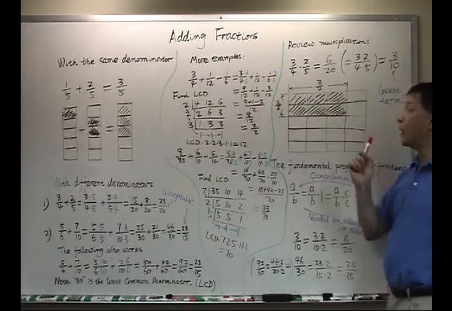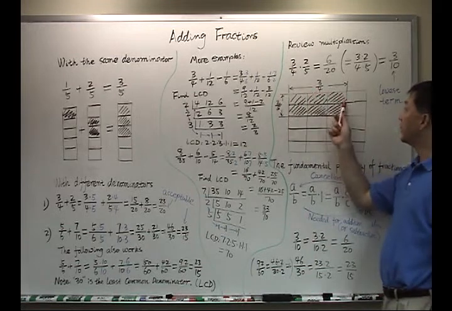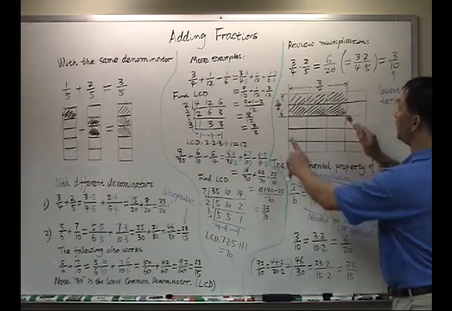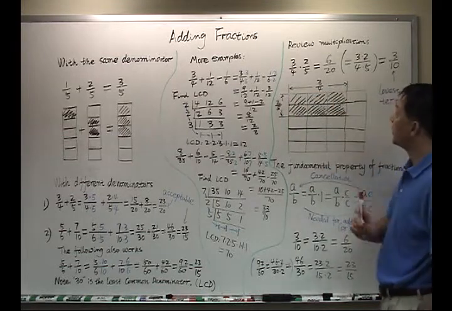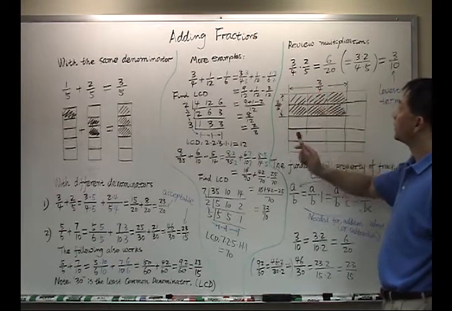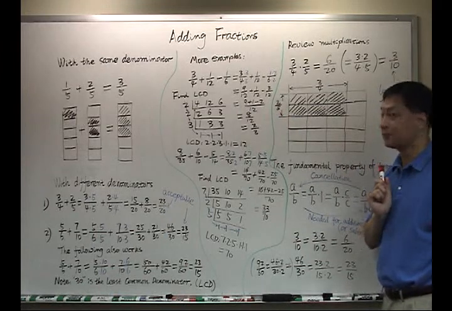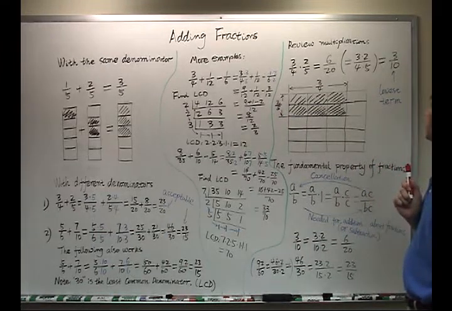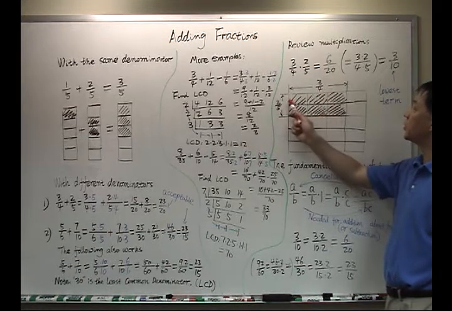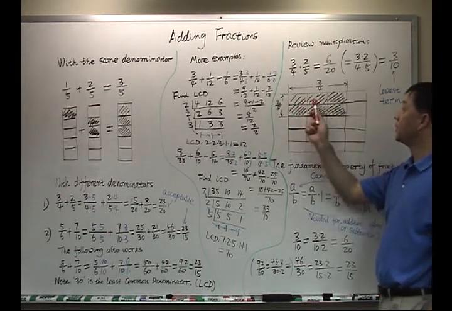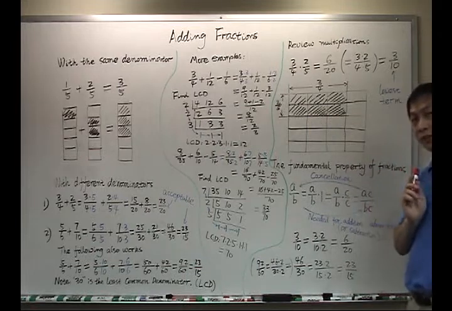Then if you want to find the area of this shaded part, it's this length times this length. So it's basically 3/4 times 2/5. Then you can see how many boxes we have. 1, 2, 3 times 2, so we have 1, 2, 3, 4, 5, 6 boxes.